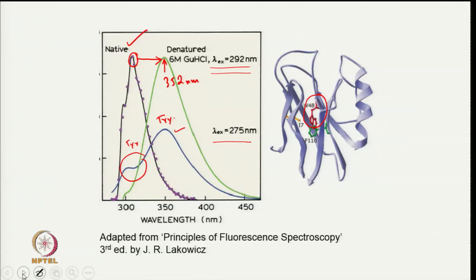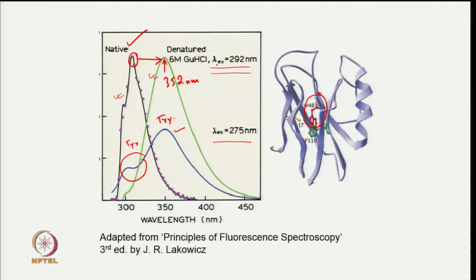Now, look at this protein, and here you are looking at tryptophan. This is tryptophan, this is tyrosine, this is for the native state. If the protein is in 6 molar guanidine hydrochloride, then you have this curve.